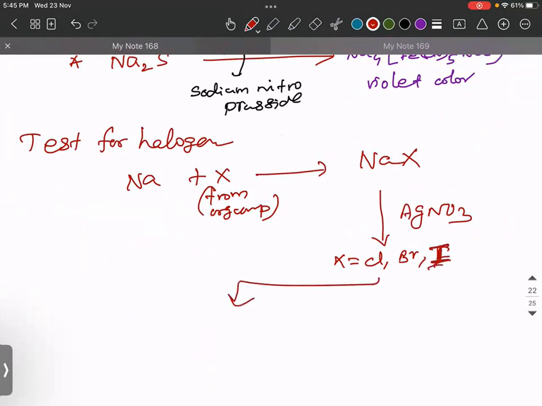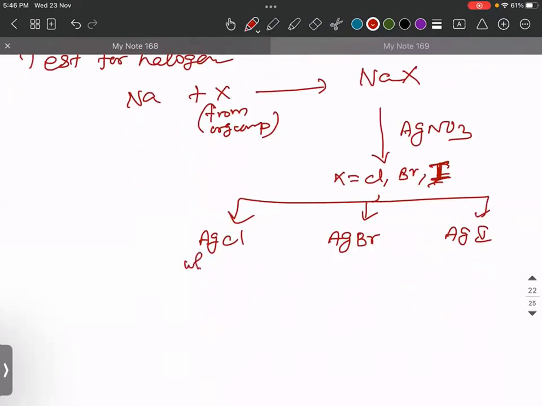Then you will get three different precipitates: AgCl, AgBr, AgI. You will get the white precipitate, the pale yellow precipitate, and then the yellow precipitate.